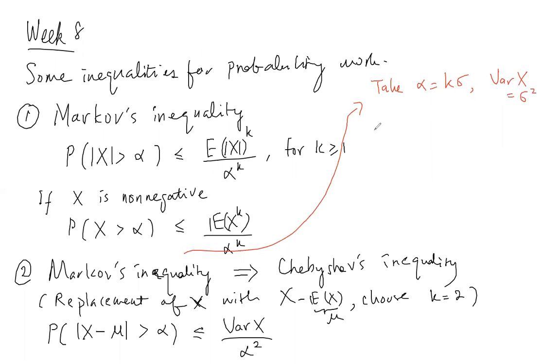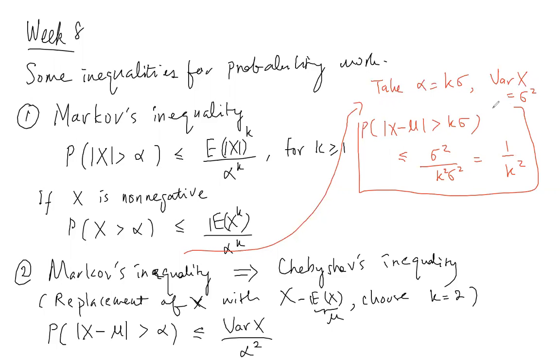So then you basically will get this result bounded by sigma square over k square sigma square, so 1 over k squared. Okay, so this is the Chebyshev inequality that you may have come across in some studies previously.